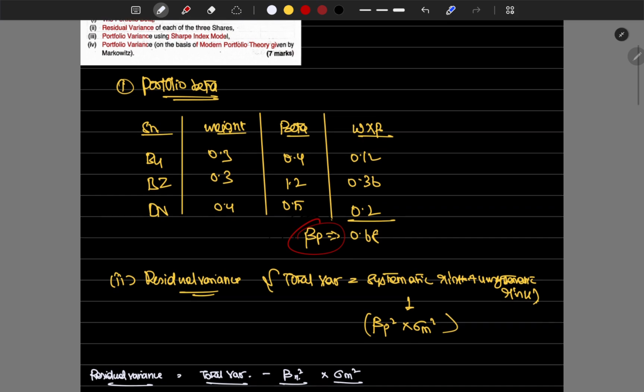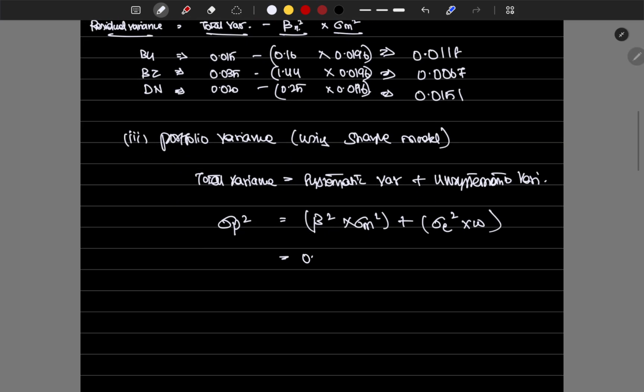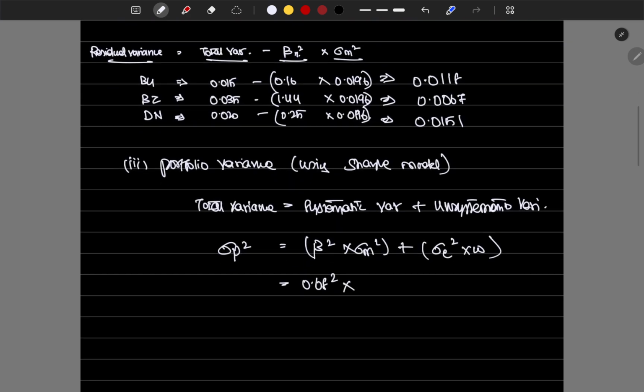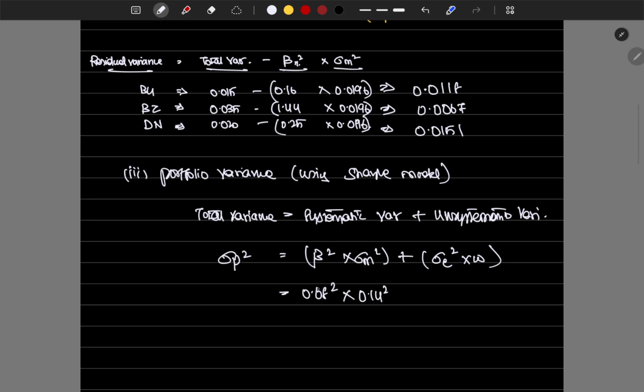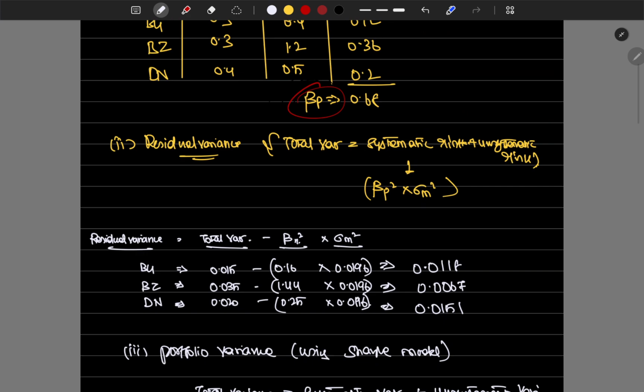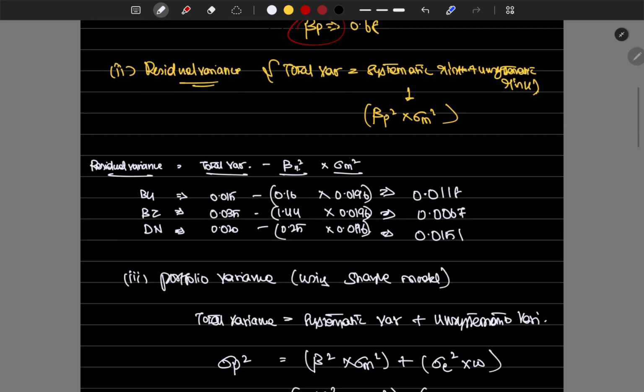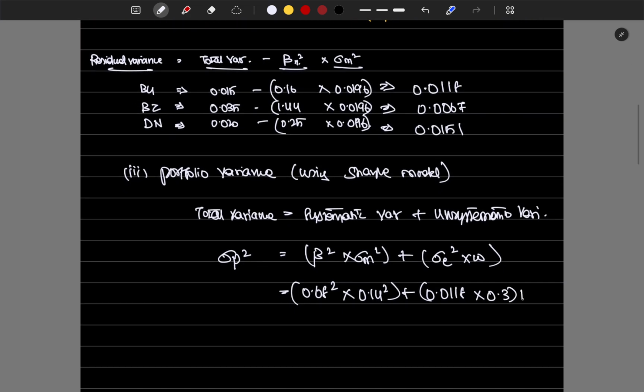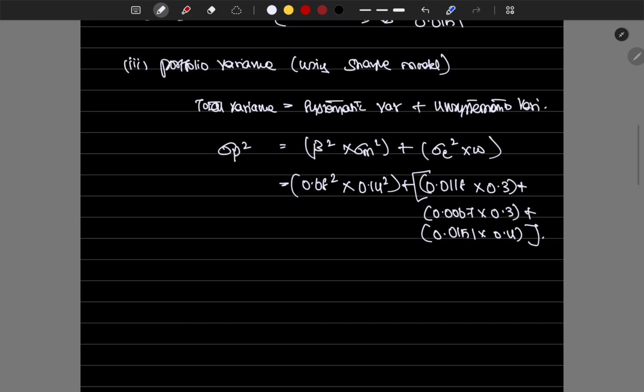Portfolio beta is 0.68 square into sigma market, which is 0.14 square, plus the sigma e term, the residual term, 0.0118 into weight 0.3, plus 0.0067 into 0.3, plus 0.0151 into 0.4.